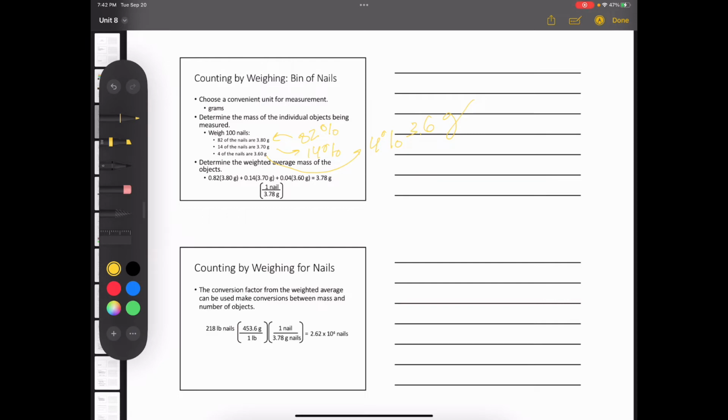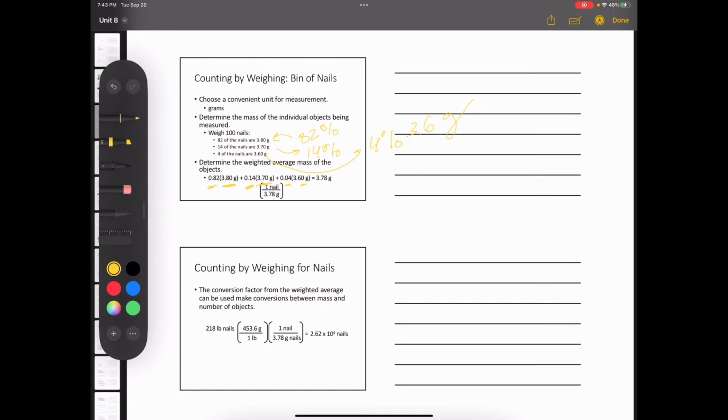Okay, so in order for us to come up with an average mass for a nail within this 100 nails, what we need to do is multiply the 82% times the mass of that 82%, which is 3.8 grams each, and then add that to the 14% multiplied by the 3.7 grams of the mass of every single nail within that 14, and then 3.6 grams multiplied by the 4% at which these 3.6 grams nails are represented within this 100.